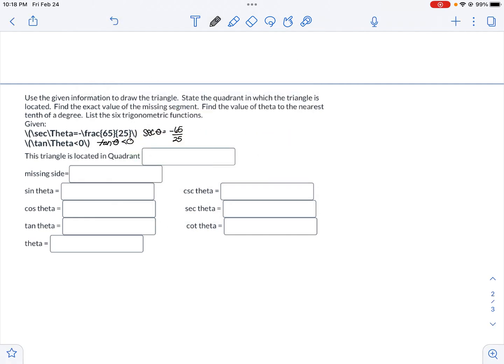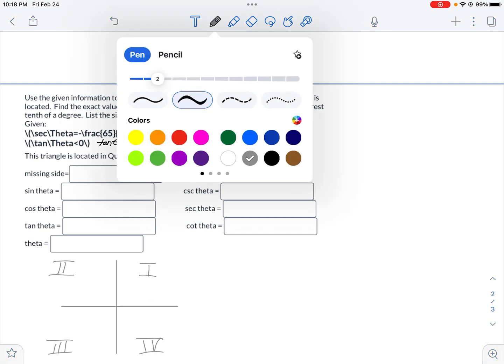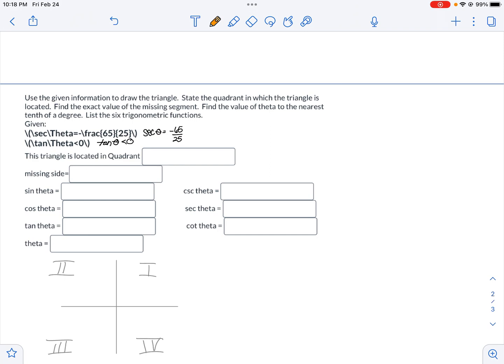So if we give ourselves the x-axis and the y-axis, this is quadrant 1, this is quadrant 2, this is quadrant 3, and this is quadrant 4. And in quadrant 1, all 6 trig functions are positive.